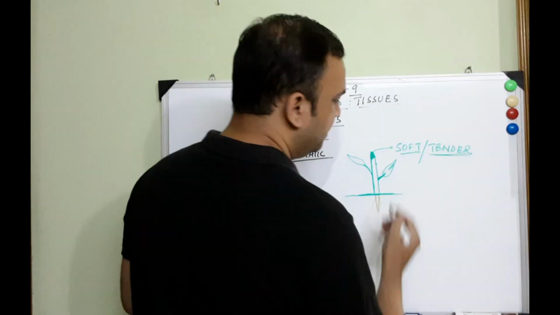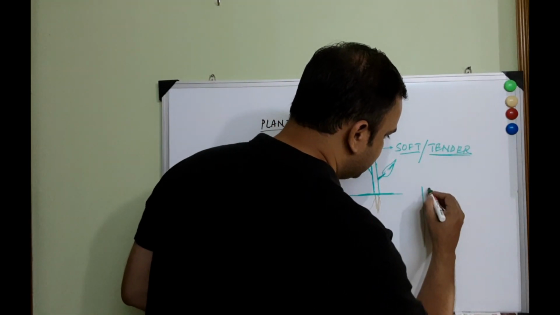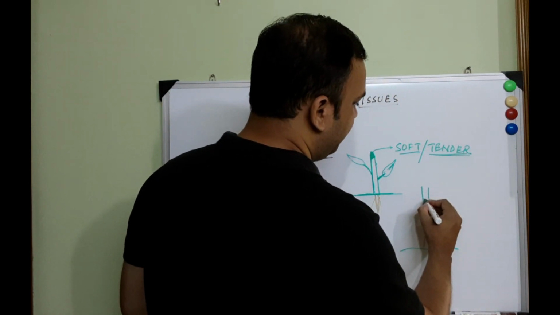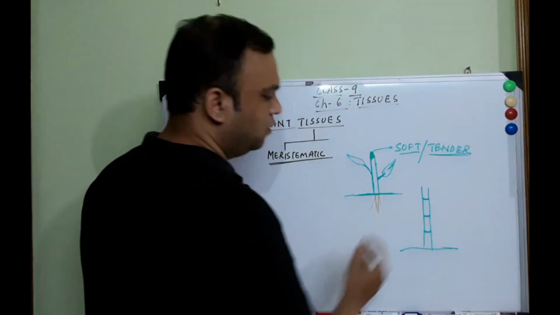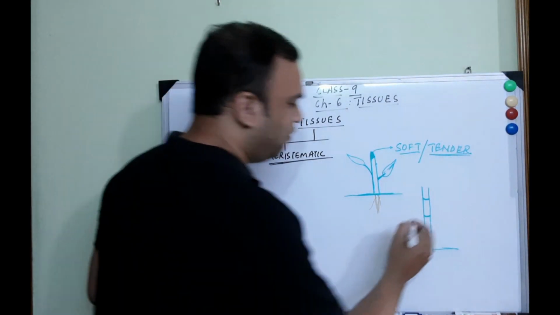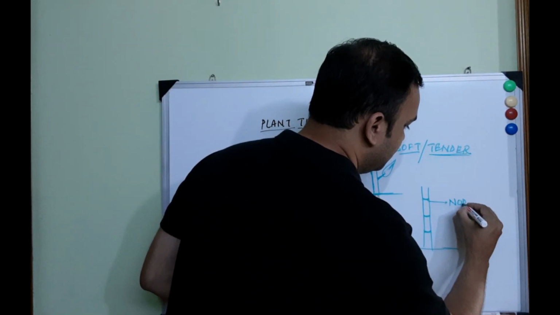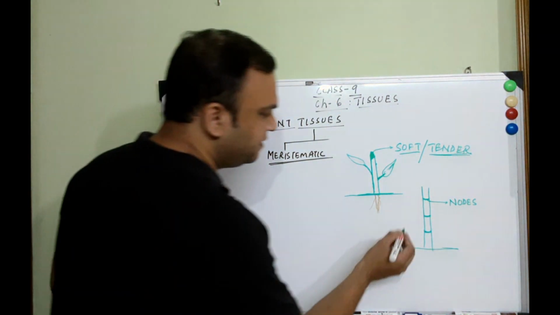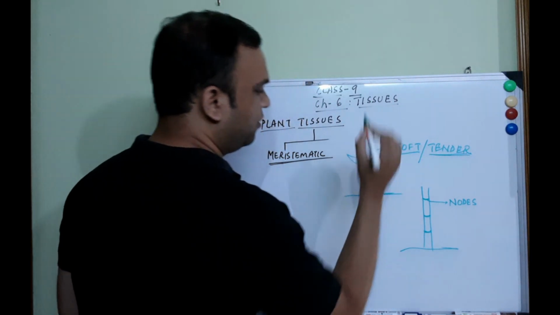Similarly, if you have seen the stem of a plant which has matured a bit, you will find lines present over it. What are these lines called? These are called nodes. All of you know about these nodes. Nodes are the places from which the leaves and branches grow.